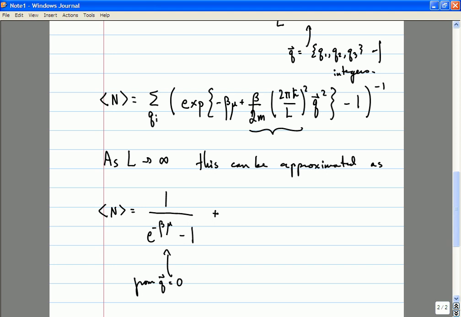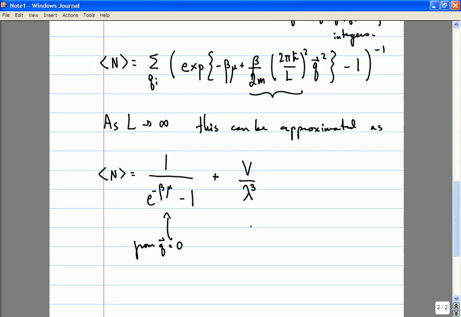So an integral d3q will involve that quantity to the 3/2 power, so that what you'll get out front is L cubed, otherwise known as the volume of the box, divided by something that I'll call lambda cubed, where lambda is just, dimensionally, something that goes like the square root of h bar squared beta over m.